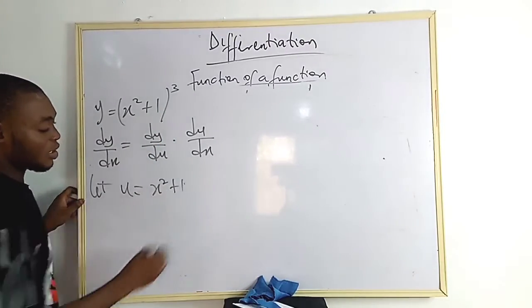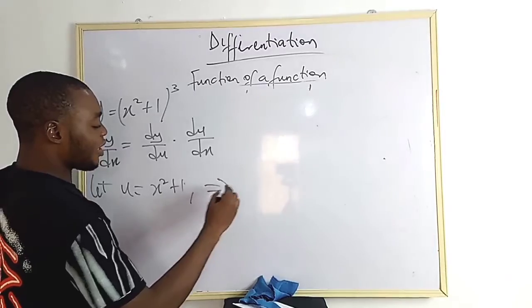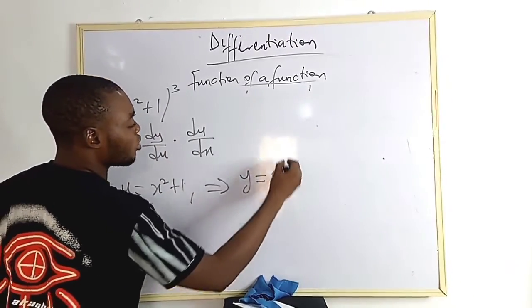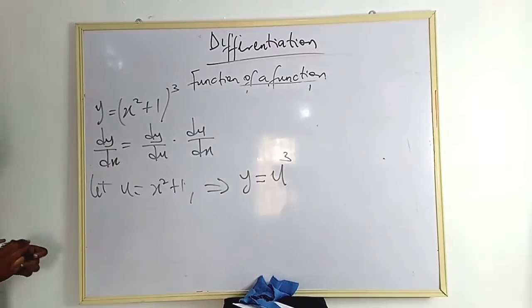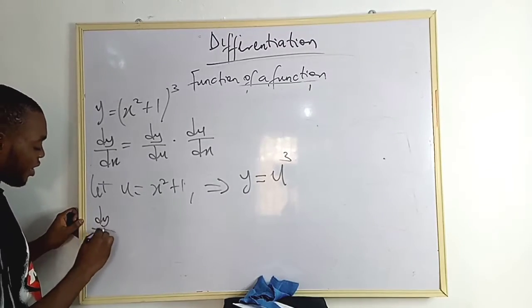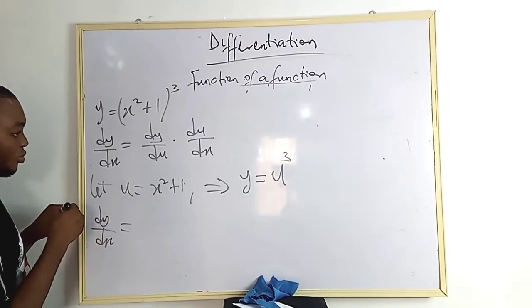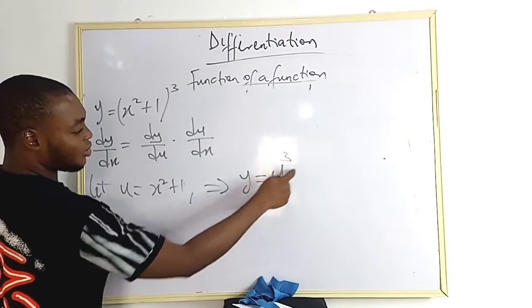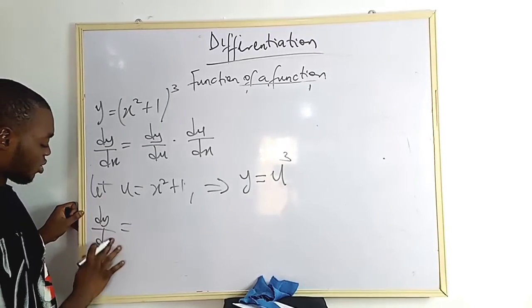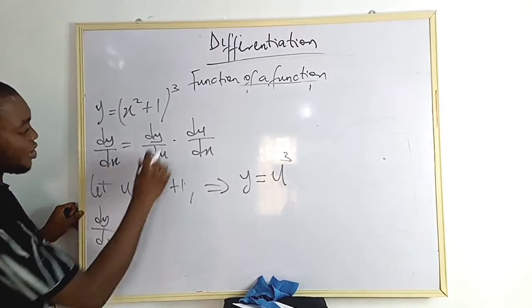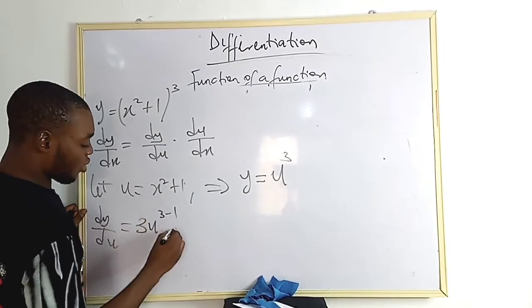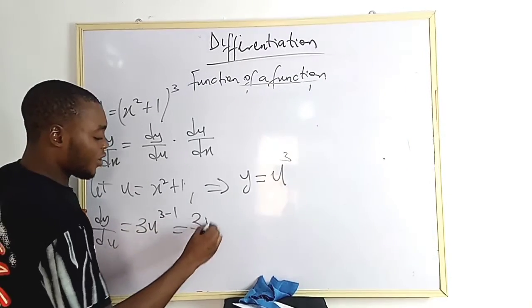This implies that y equals u raised to power 3. First we find dy/du, which equals 3u raised to power 3 minus 1, that is 3u squared.